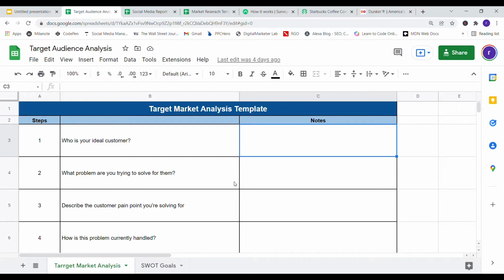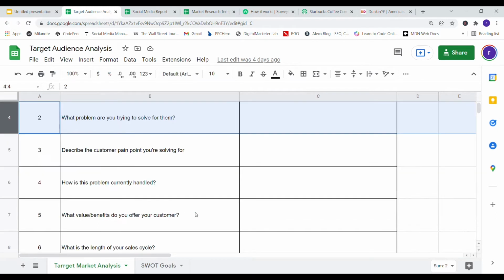These templates are available on my website, reneeholden.com, but they could be used as the basic outline of questions that you want to ask your customer or prospective customer when you're trying to do the voice of the customer. So maybe not sending this to them exactly, but kind of keeping these in your head as the business owner trying to understand your customer.